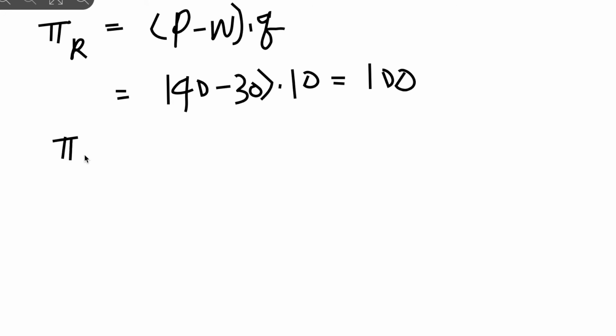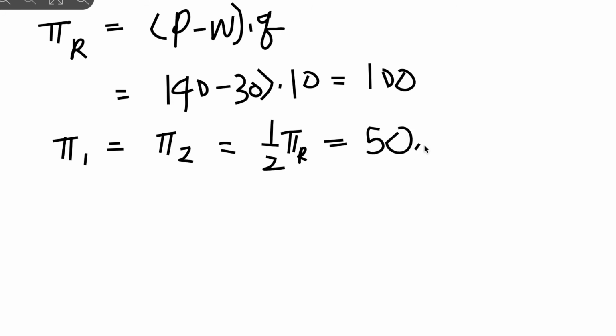So profit for firm 1 equals profit for firm 2 equals half of the total retailing profit of $100, and each gets $50.